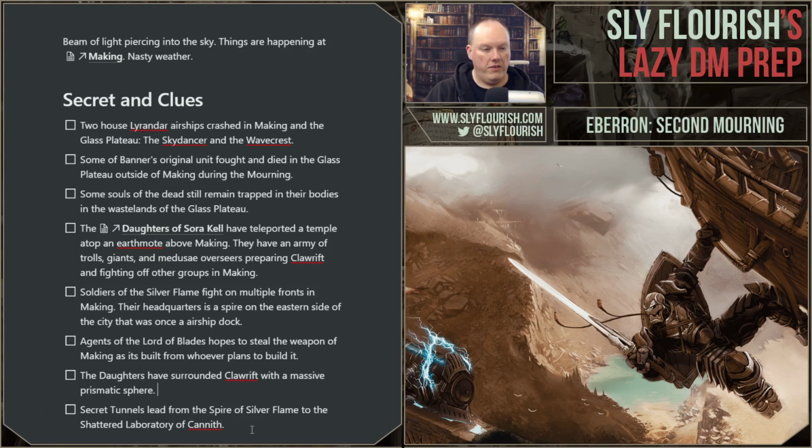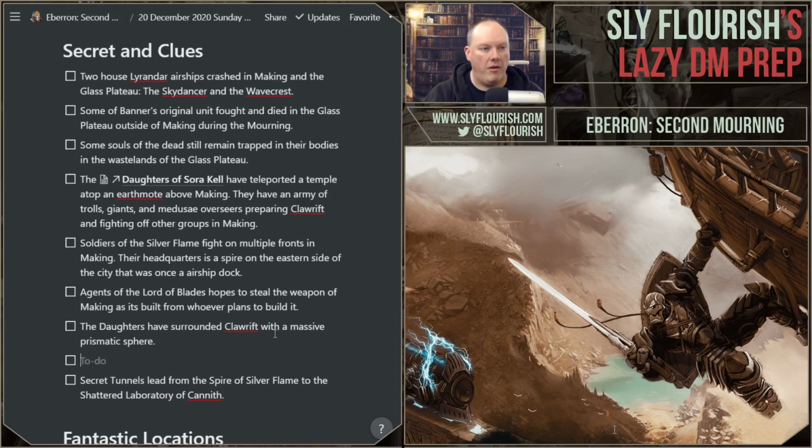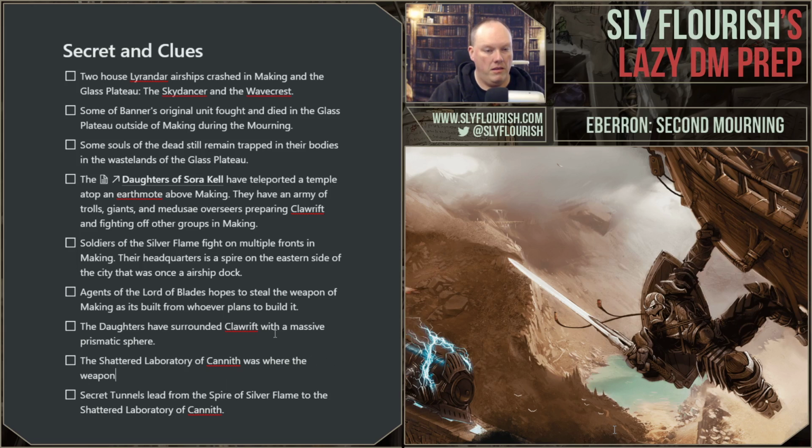So many secrets. A lot of these I already know because I've run this whole section for my other group. So I'm cannibalizing old secrets from the game I ran last Wednesday. The shattered laboratory of Kenneth was where the components of the original weapon were kept.